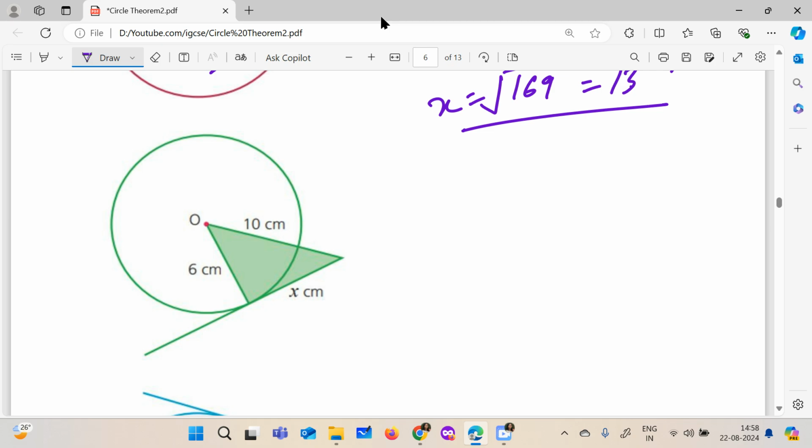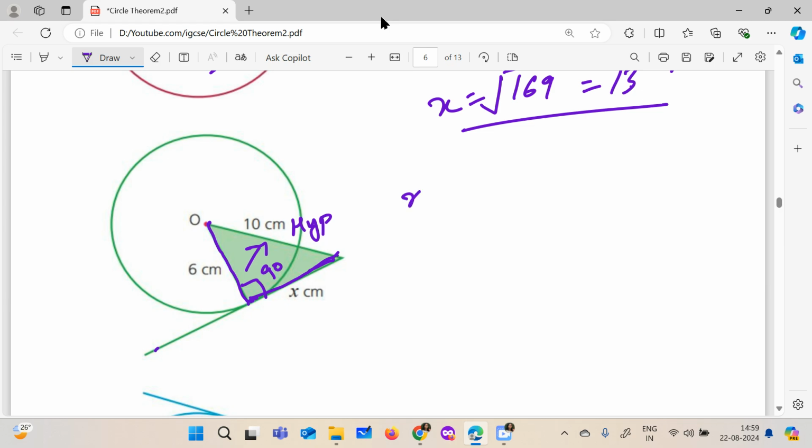Here you have another question, and you can see again there is a tangent touching at a point. You can find a radius here, and the tangent and radius form a 90-degree angle. Hence, to find this base length, we can use the Pythagoras theorem, and the side opposite to 90 degrees is the hypotenuse.